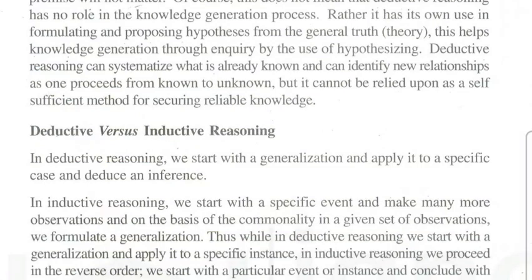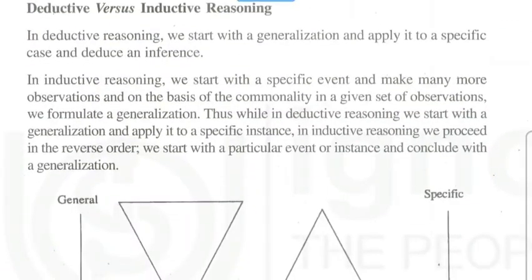Deductive versus inductive reasoning. In deductive reasoning, we start with a generalization and apply it to a specific case and deduce an inference. In inductive reasoning, we start with a specific event, make many more observations, and on the basis of the commonality in a given set of observations, we formulate a generalization.